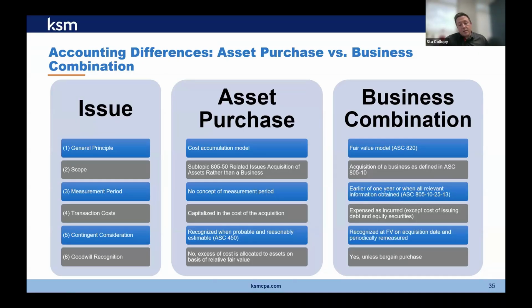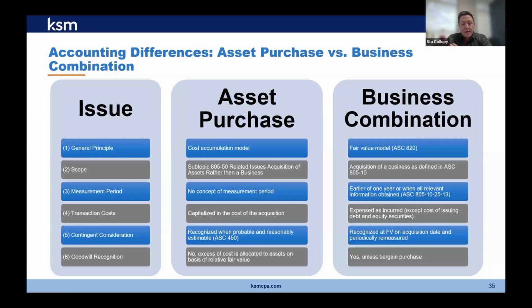Contingent considerations. So think of an earnout. With asset purchases, you would recognize when the earnout can be reasonably estimated or it is probable. Whereas with a business combination, you're going to want to record that earnout the day of the acquisition date and then remeasure at a point when it's necessary and when it can be determined.